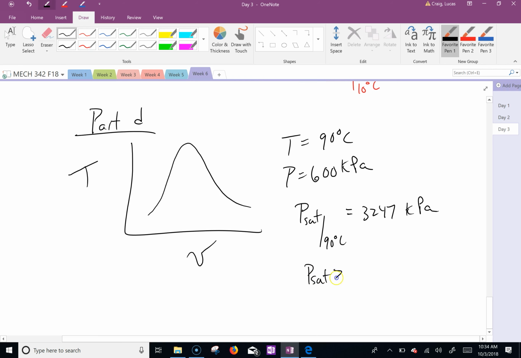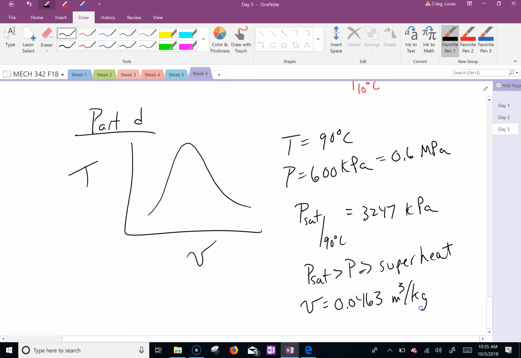Since PSAT is greater than P, we're superheated. This pressure is 0.6 megapascal. So let me give you this number, and we'll look at the chart: 0.0463 meters cubed per kilogram.